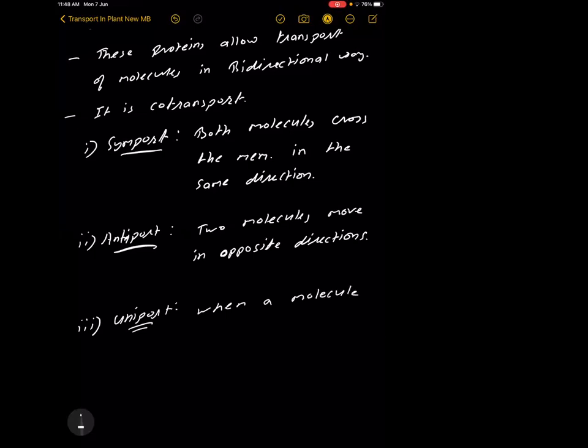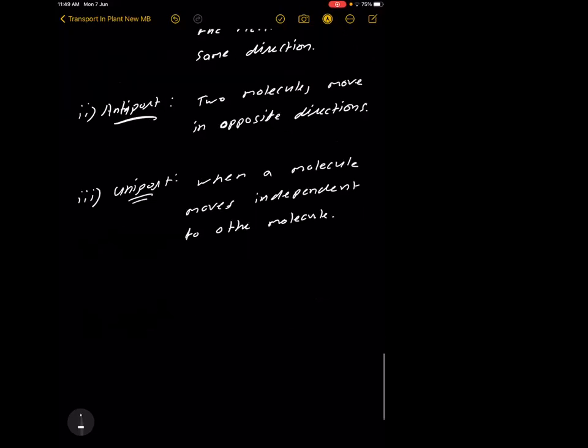When a molecule moves independent of the other, it is uniport.